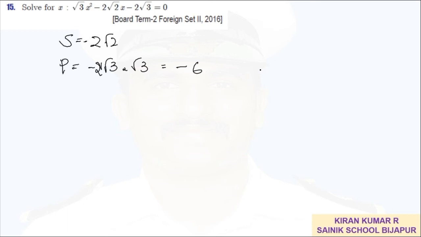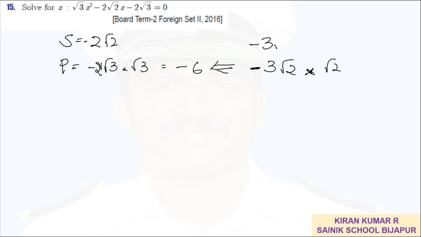If you consider 3 root 2 and multiply with root 2, it becomes 6. So if you take this negative and multiply, we get negative 6.